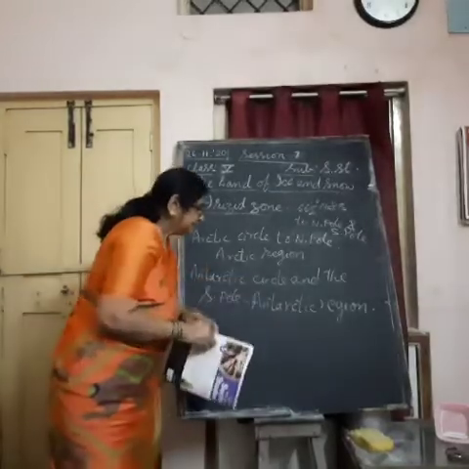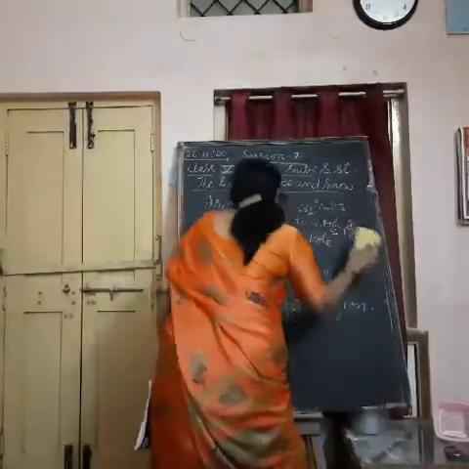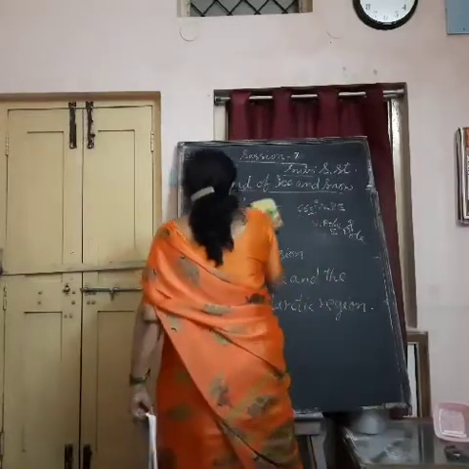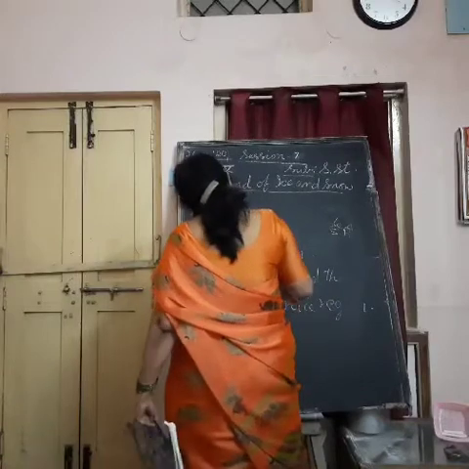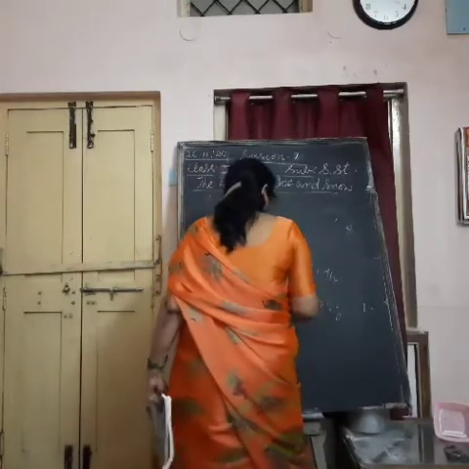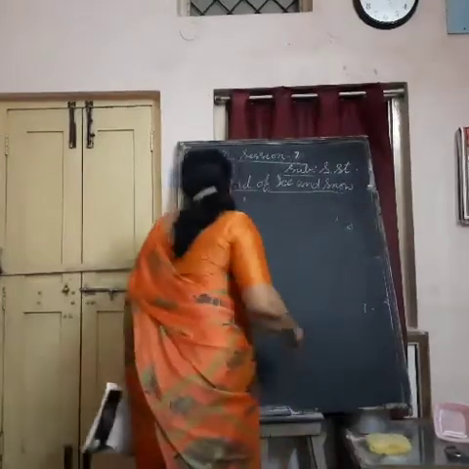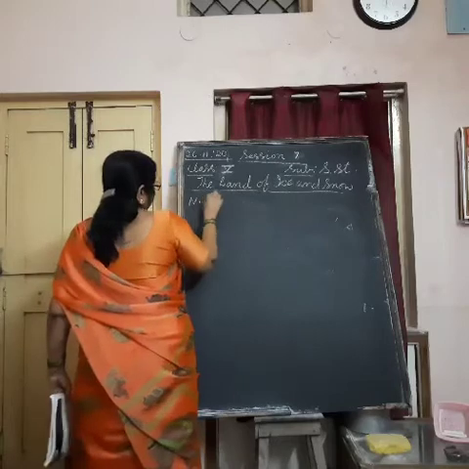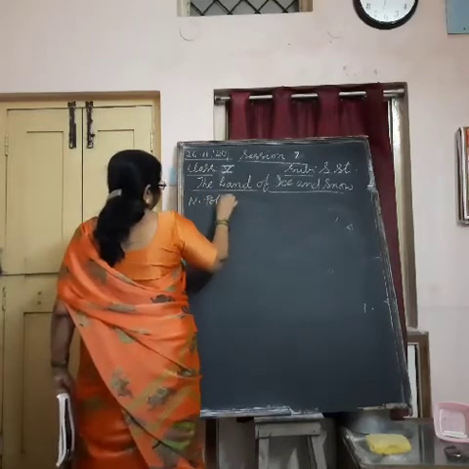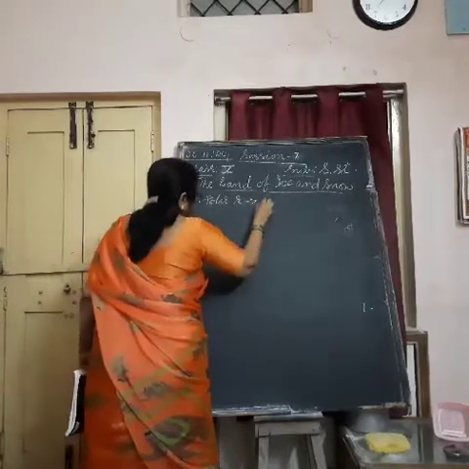The countries or the continents which lie here are North America, extreme north part of America, northern part of Europe, and northern part of Asia. North polar region, which are the continents?